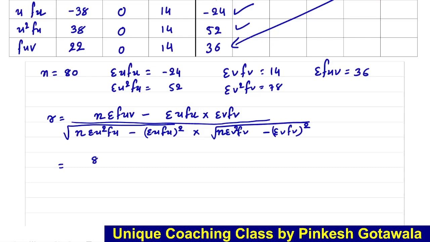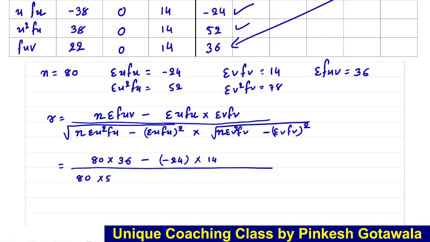So our n is 80, sigma FUV 36, sigma UFU minus 24 into 14. This side n 80, sigma U square FU 52, sigma UFU minus 24 whole square. Here 80, sigma V square FV 78 and 14 square.